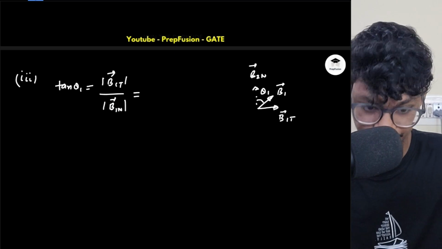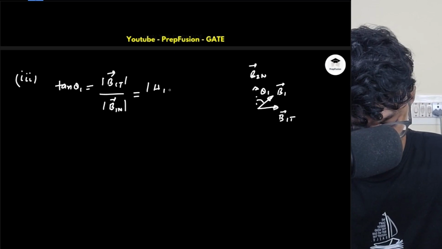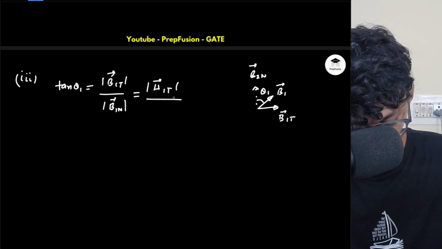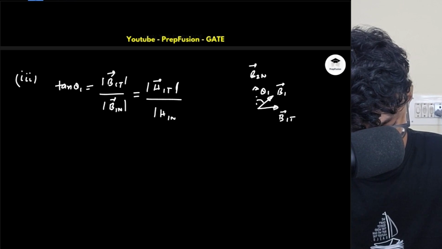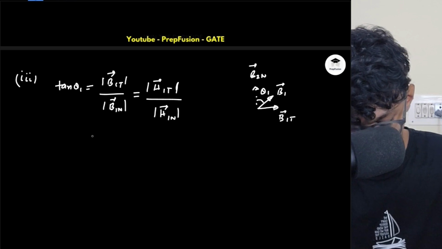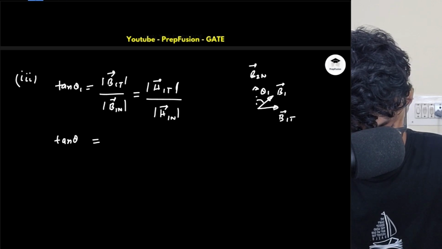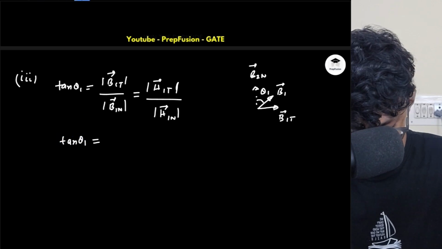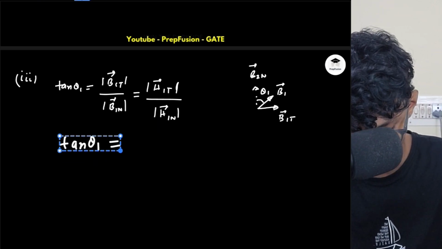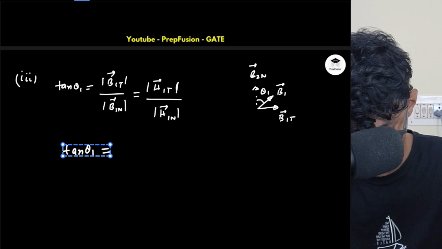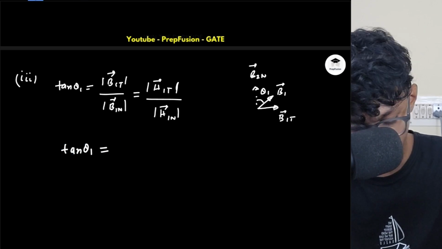Now this will be the same as, since they are related with the same constant, H1t divided by the magnitude of H1n. So tan theta 1 will be equal to H1t over H1n.